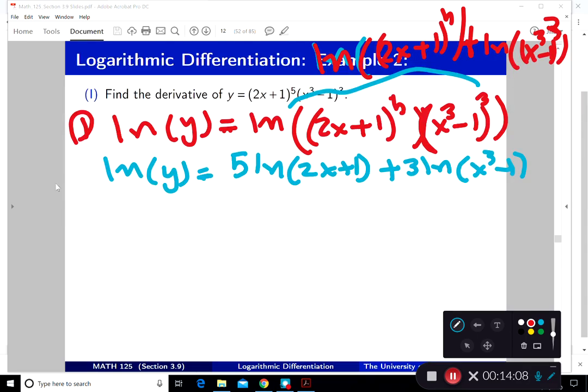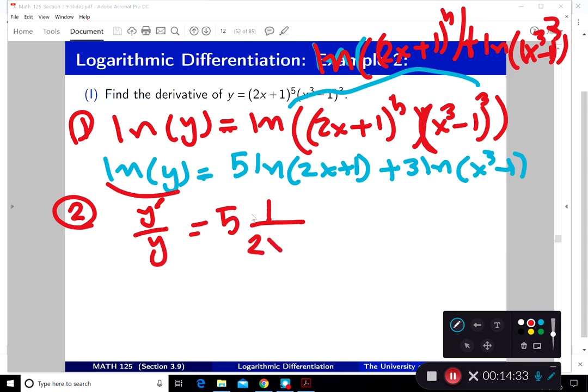And then taking the derivative of both sides, on this side it gives me y prime divided by y. Here it's 5, which is the coefficient, and then the derivative of natural log is going to be 1 over the inside times the derivative of the inside.